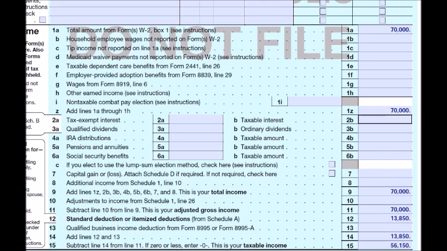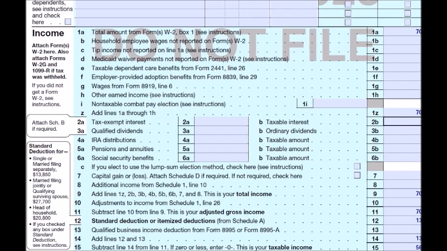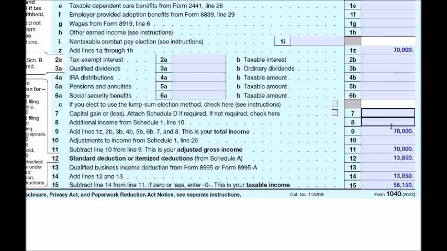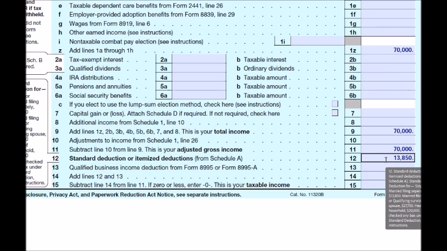And so we go a little bit to the left of the form in this section right here. Standard deduction for single for 2023 is $13,850. So line 12, standard deduction is $13,850.